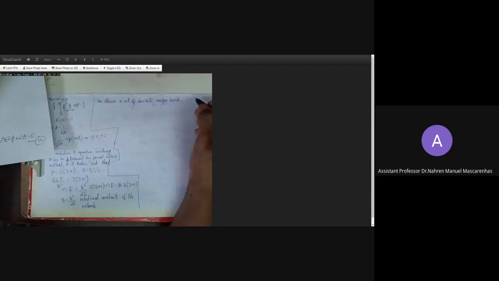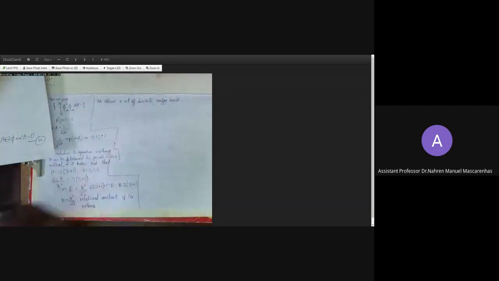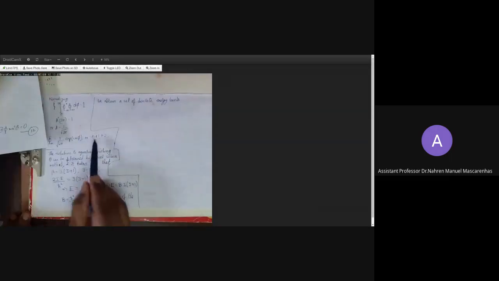That means this is also constant, with J values 0, 1, 2, and so on.